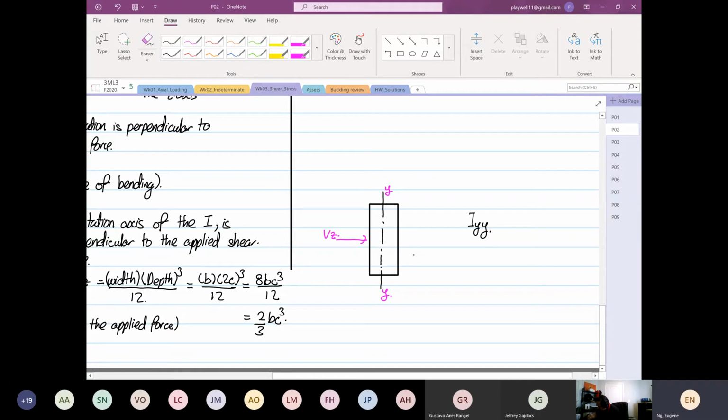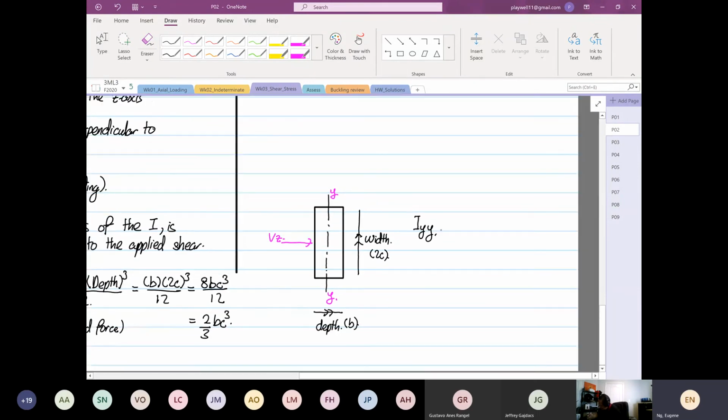Now this distance over here is perpendicular to the applied force Vz. So this is going to be your width, right? And then over here, this is going to be your depth. Parallel to the applied force is your depth. Perpendicular to the applied force is your width. Okay, so we know that the depth over here is equal to B. The width over here is equal to 2C.